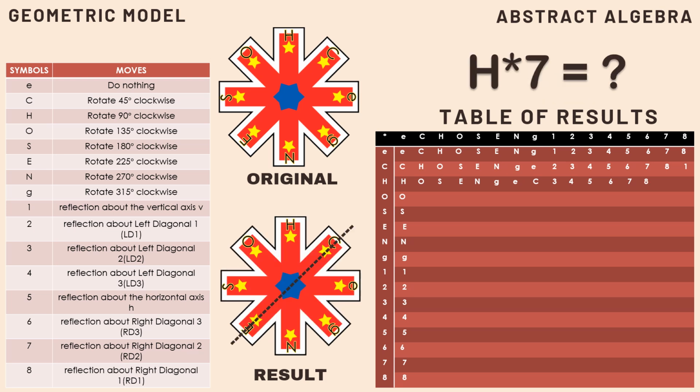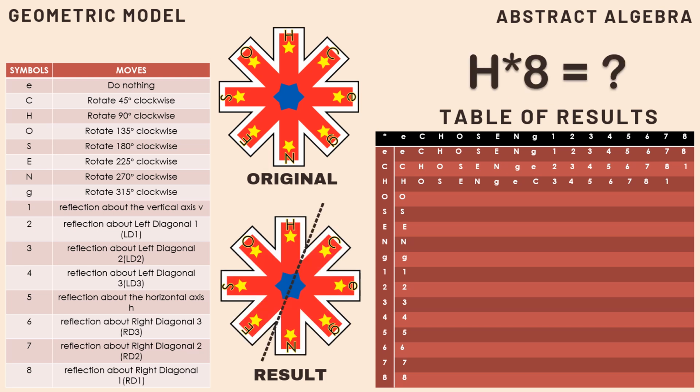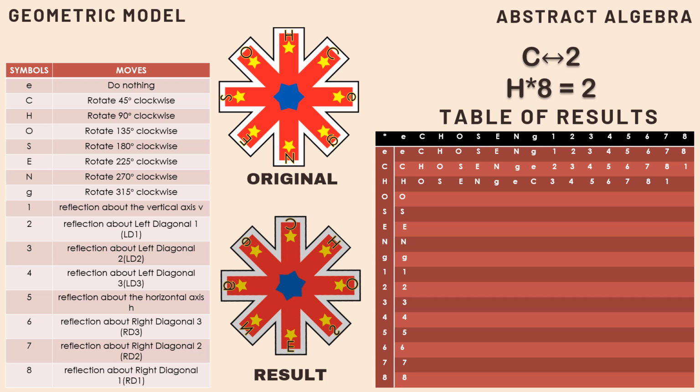H star 7. Since small letter E maps to 1, then H star 7 is 1. H star 8. Since C maps to 2, then H star 8 is 2.